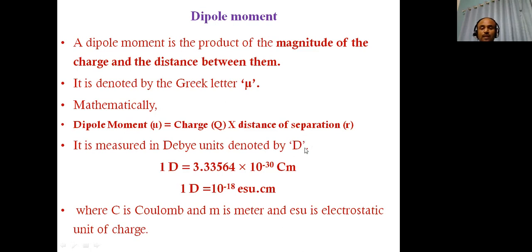It is denoted by capital D, and 1 D is equal to 3.33 into 10 to the minus 30 C·m. 1 D is also equal to 10 to the minus 18 ESU·cm. So these are the different units used to express the value of 1 Debye, where C is coulomb, m is meter, and ESU is also called the electrostatic unit of charge.